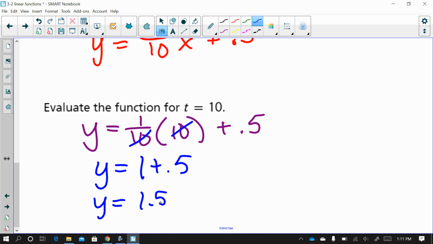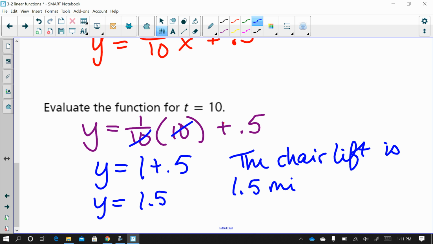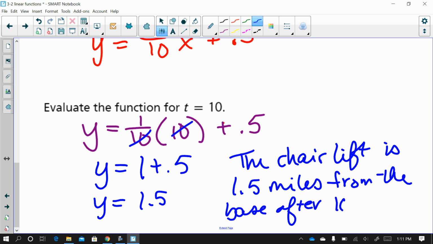The chairlift is 1.5 miles from the base after 10 minutes. And there's the answer to the problem.